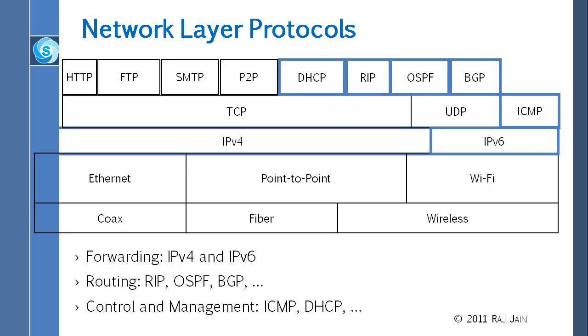So we gave you a list before, but interestingly enough, not all the protocols that I gave you in the list run in layer 3. In layer 3, only two protocols run, IPv4 and IPv6. So these protocols, DHCP, RIP, OSPF, BGP, they really run on top of TCP.